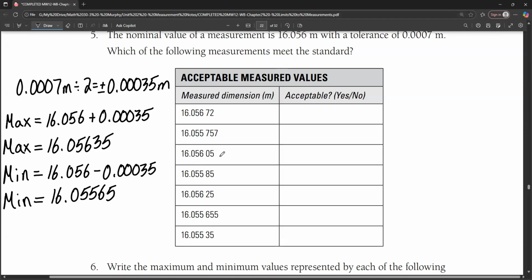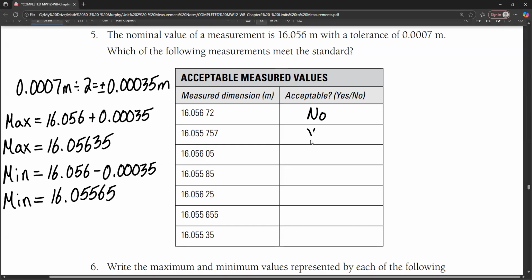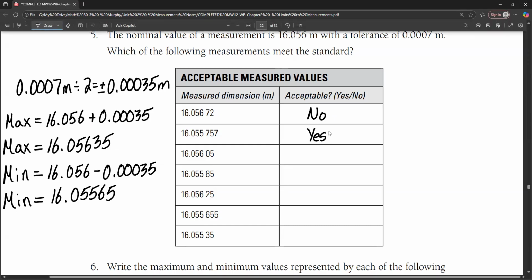Okay, so the first one is no, too big. The second one is a yes. Third one's a yes. Fourth one is a yes.